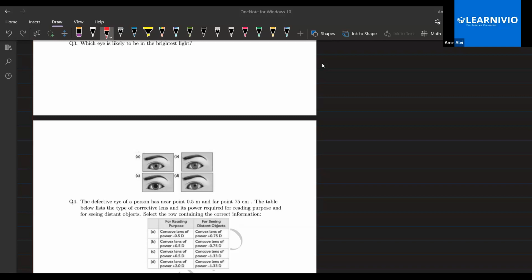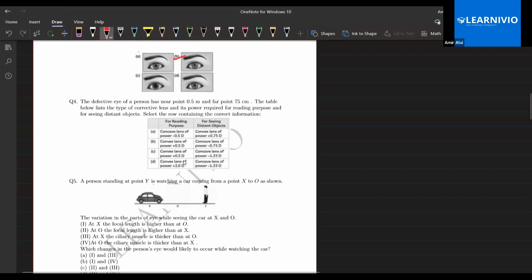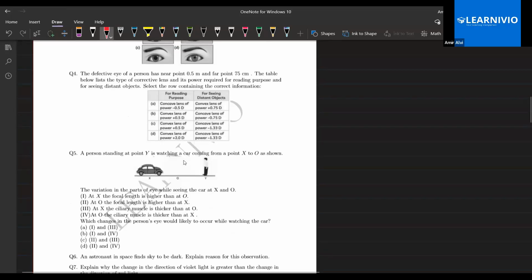Can you discuss the answers, sir? Yeah, sure. Look, which of the following is the brightest light? Brightest light means less light should enter the eye, so the pupil size should be very small. The pupil would shrink. Fourth one: the person is suffering from presbyopia because the near point as well as the far point is not normal, it is 0.5, it is 0.75.